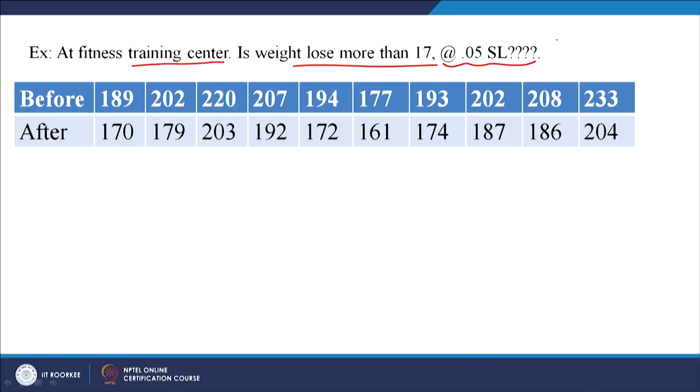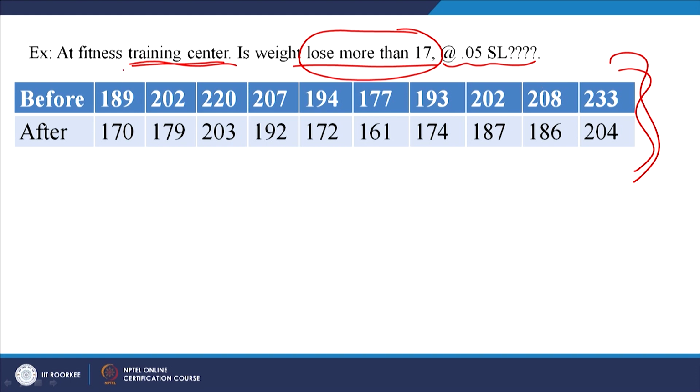Now, he is saying that if you join our training center, then weight loss would be more than 17 kg. Since you are a student of statistics, you have got this data with you, which the trainer has given you. These are the weights in terms of pounds of different people.